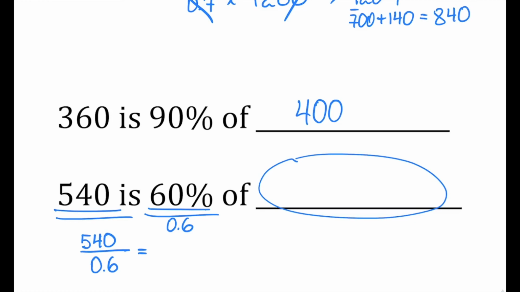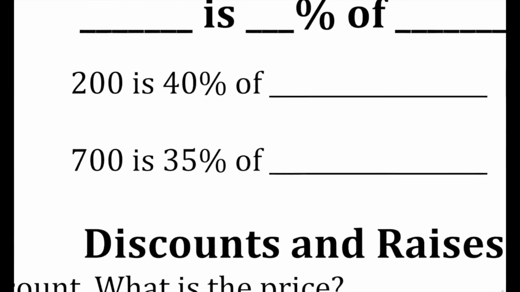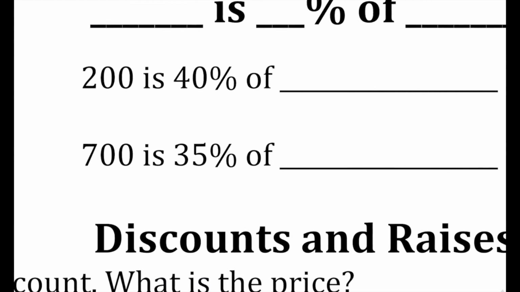I'm going to turn this into a 6 by multiplying both parts of the fraction times 10. So that's going to be 5,400 over 6. 54 over 6 gives me a 9, and I am left with 2 zeros after that. So that's going to be 900. Boom, boom, boom, boom. Next, 200 is 40% of, again, 0.4 is 40%.